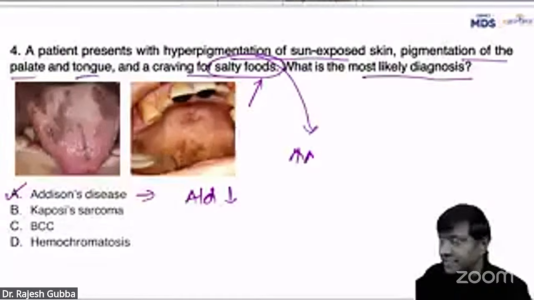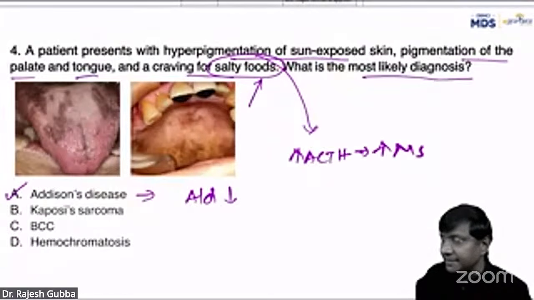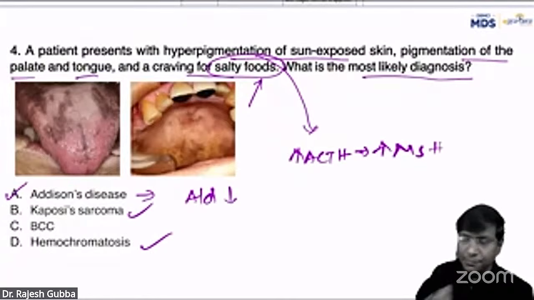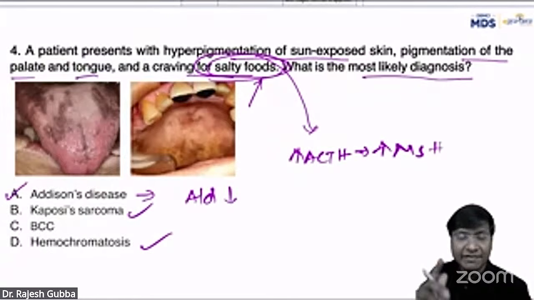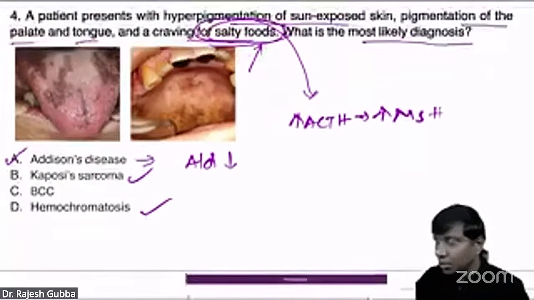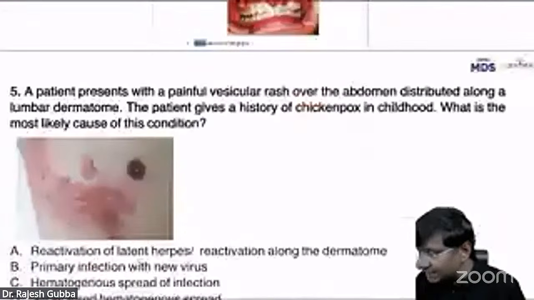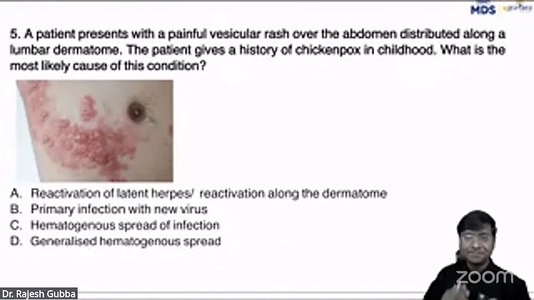That is because of increased ACTH, which causes an increase in MSH. Right? In hemochromatosis you might have hyperpigmentation, but the very important point here is the craving for salty food. Craving for salty food makes the answer completely go towards Addison's, right? And even this is directly from our notes.